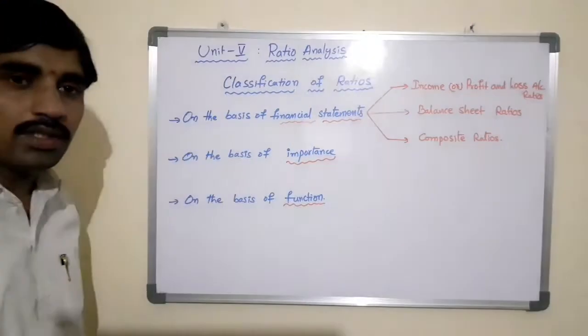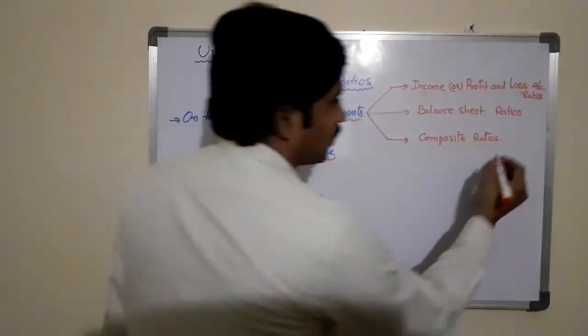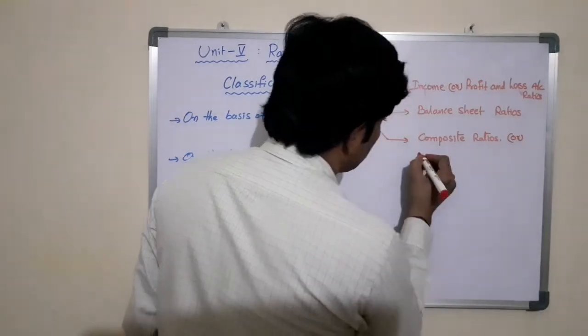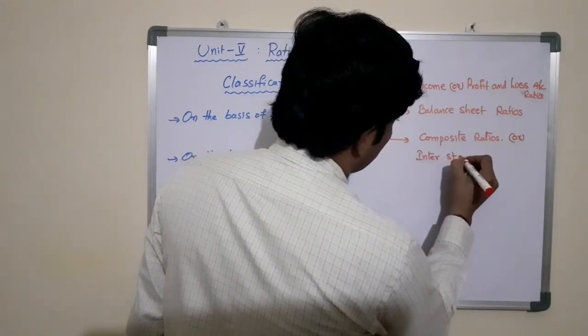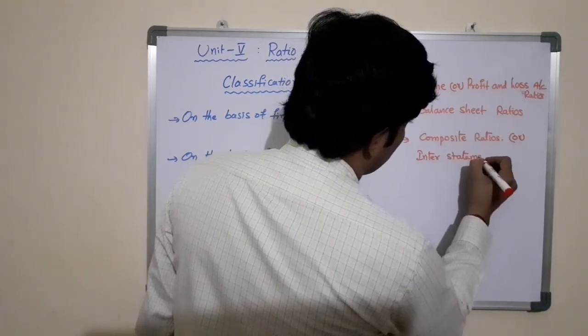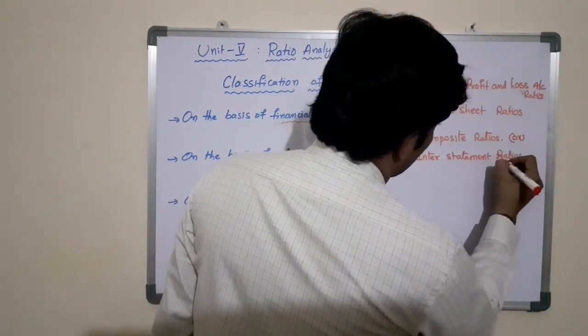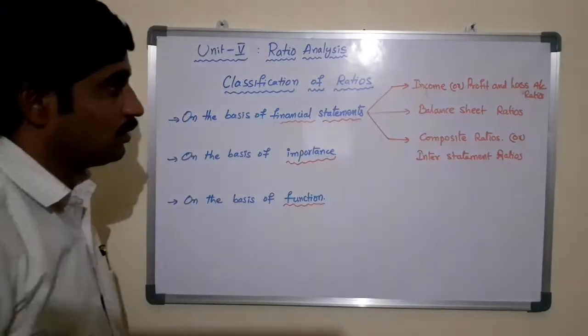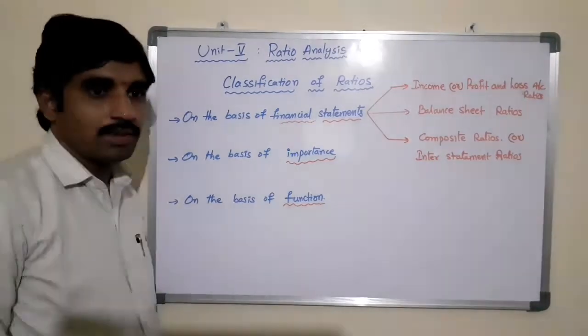These composite ratios are also called inter-statement ratios. So there are three types of ratios classified based on the financial statements.